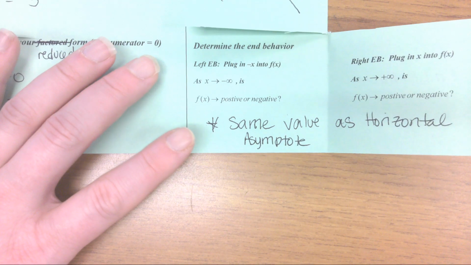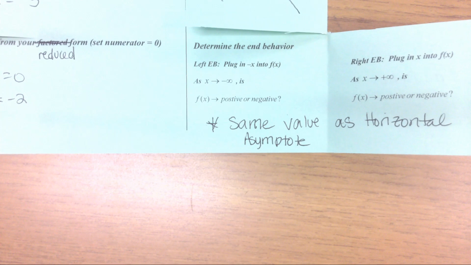If I asked for the end behavior of the function in my example, because the horizontal asymptote was 1, its end behavior would also be 1. That means as x goes to infinity, the function is going to approach a fixed value of 1. So end behavior in rational functions is the same as its horizontal asymptote.